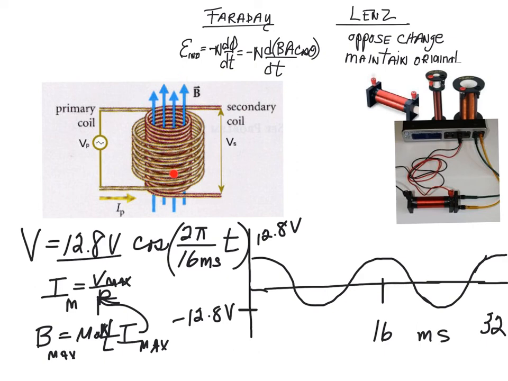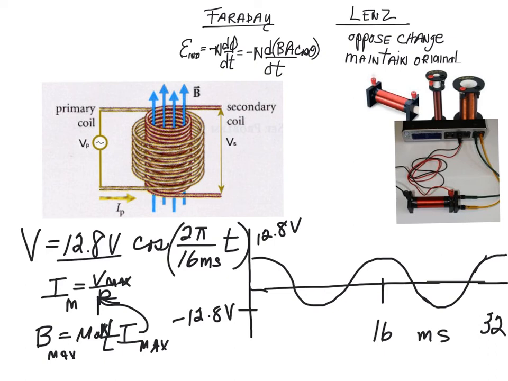As the magnetic field in the outer coil changes, then the magnetic field passing through the inner coil is constantly changing, and there'll be an output. And the way you get the output is Faraday's law, no surprise. So the output is going to depend on the number of windings. That will be the number of windings on the inner coil.